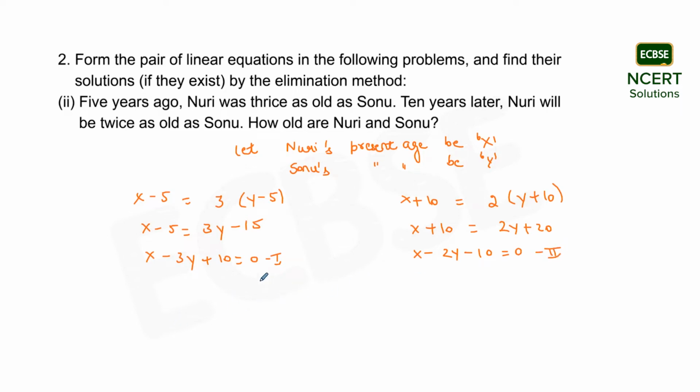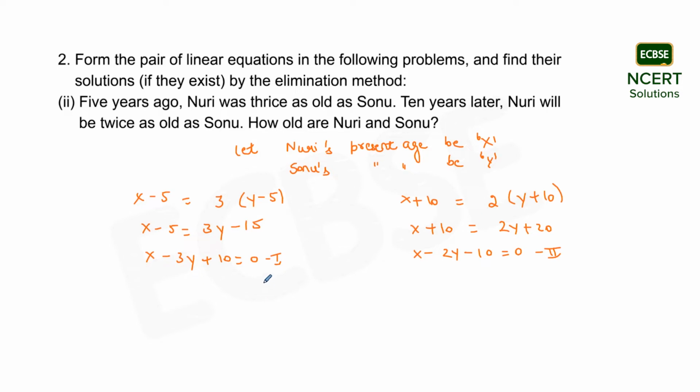So now we have to solve both these equations by using the elimination method, and as we know, the elimination method says we need to ensure that the numerical coefficient of the variable in both the equations is the same. Suppose we target the variable x in this case, and as we see in the first equation, its coefficient is 1 and in the second, its coefficient is 1 as well.